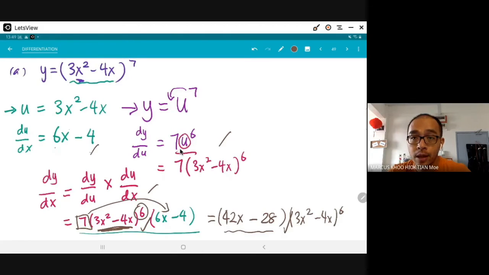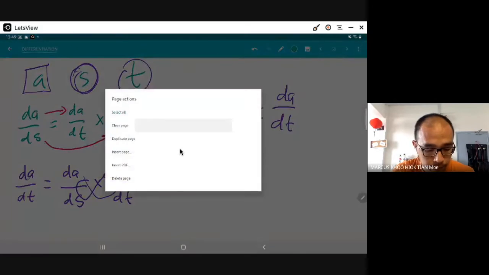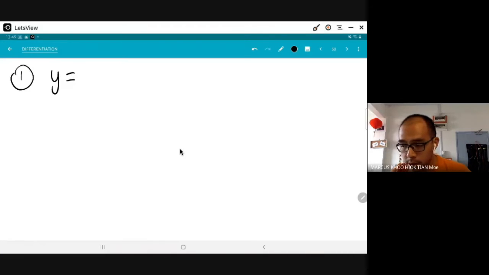Okay, so what I want you to do is, for now, I just want you to give this a try, because saya banyak membebel sudah kan. So I want you to give these 2 questions a try, and then after that, we will discuss this. Sorry, let me clear this page. Question number 1 is y equals to x squared plus 6x plus 6 to the power of half.